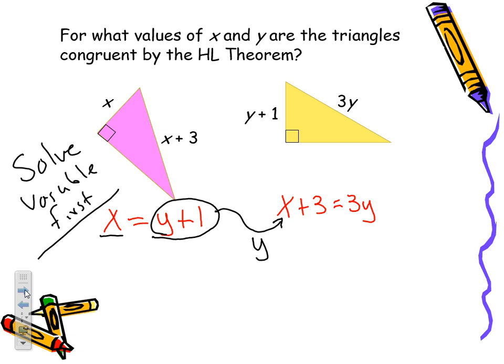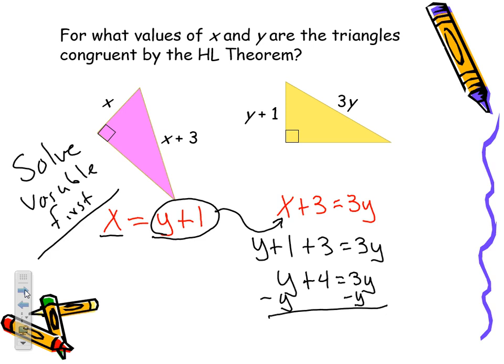So I'm going to get y plus 1 plus 3 equals 3y. Combine like terms, I'm going to get y plus 4 equals 3y minus y, 4 equals 2y, divide by 2, so 2 equals y.